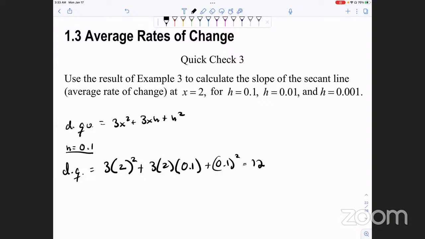2 squared is 4, times 3 is 12. 3 times 2 is 6, times 0.1 is 0.6. So plus 0.6 plus 0.01, right? So 12.61.